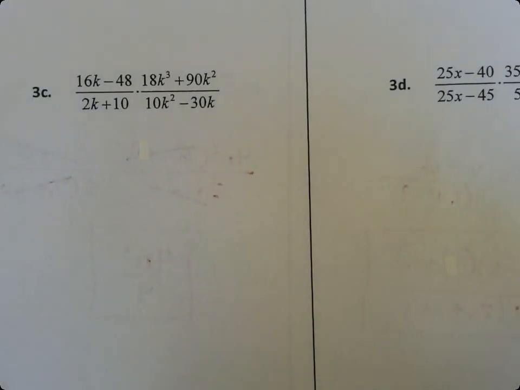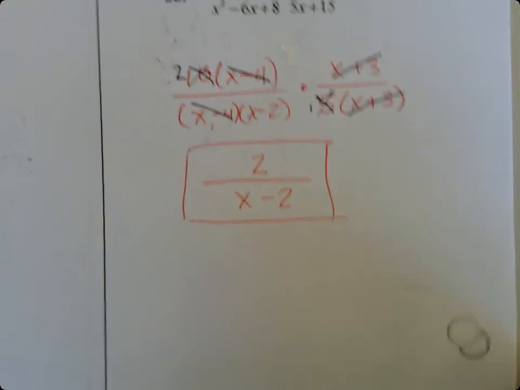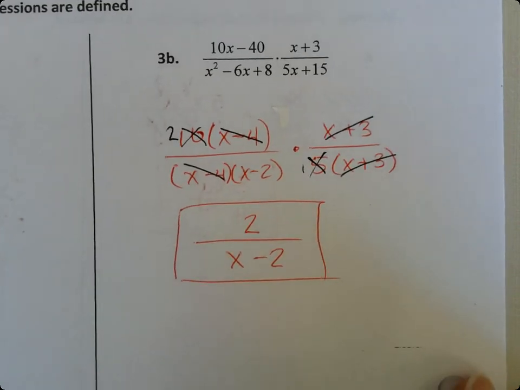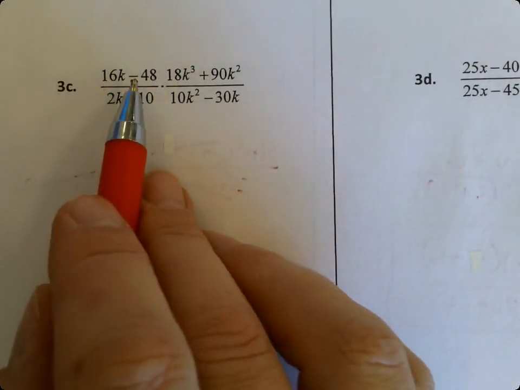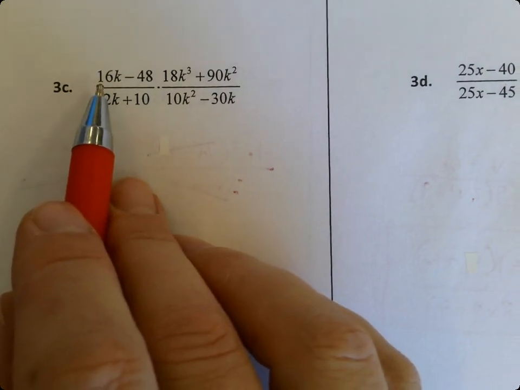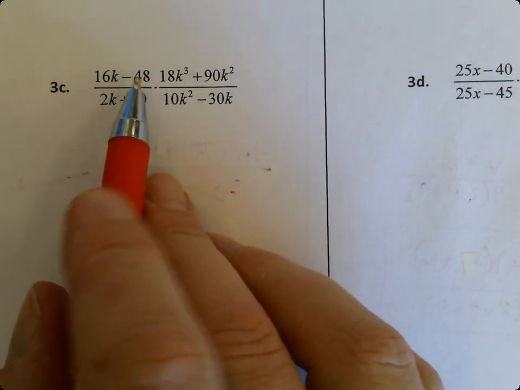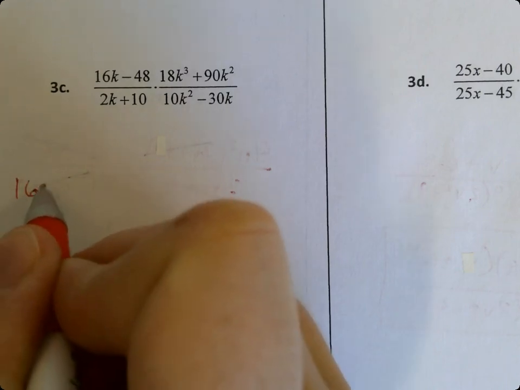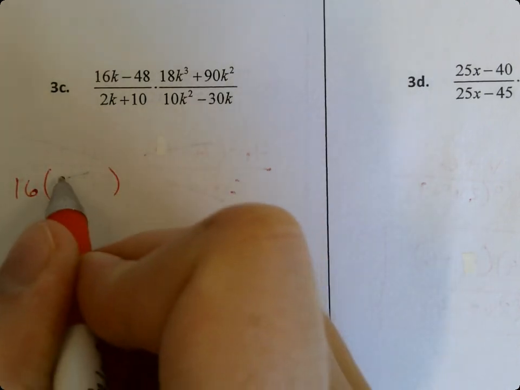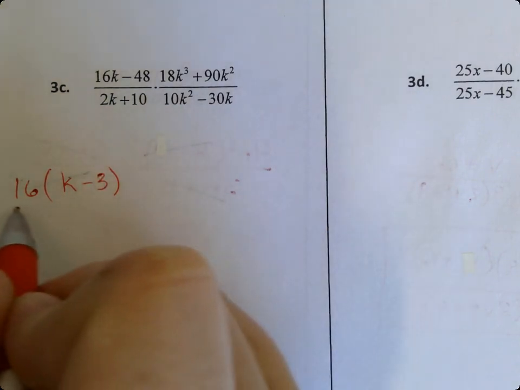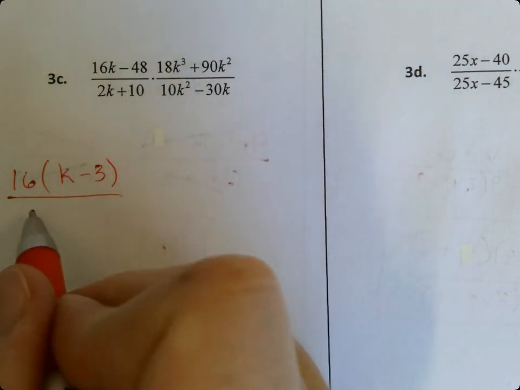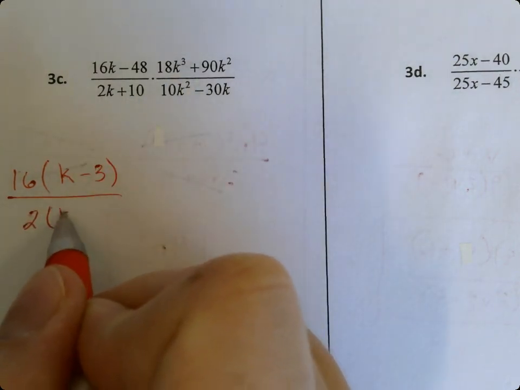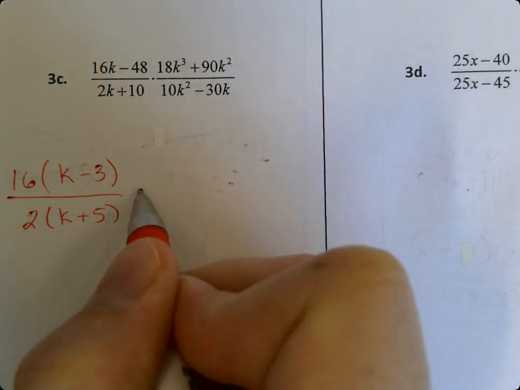Okay, they're getting a little bit bigger numbers here. So if you look at C, when I have this 16k and this 48, I'm going to try and see if 16 divides into both of them first. Does 16 divide into both of them? Well, get a calculator and see. I'm pretty sure I'm good. Does anybody agree with me? Yeah. All right. What comes out of the denominator? 2, and what's left? K plus? Okay. Still times.